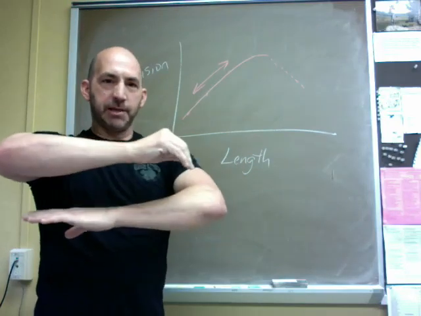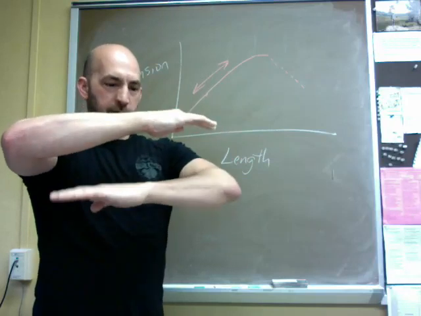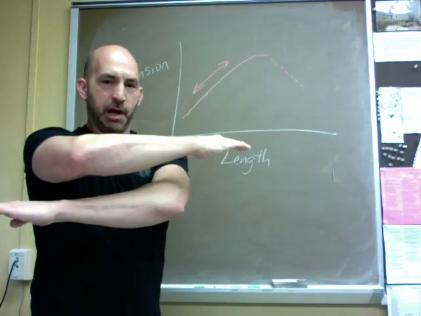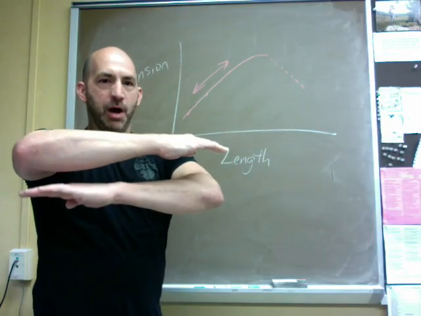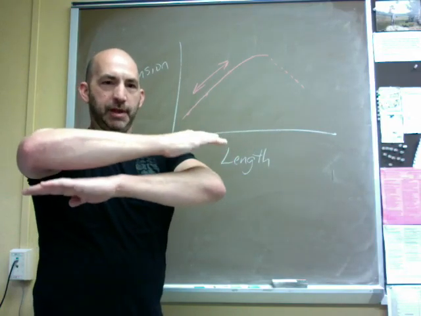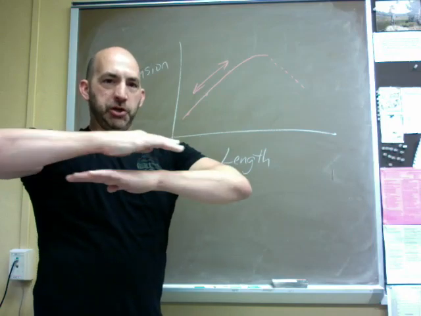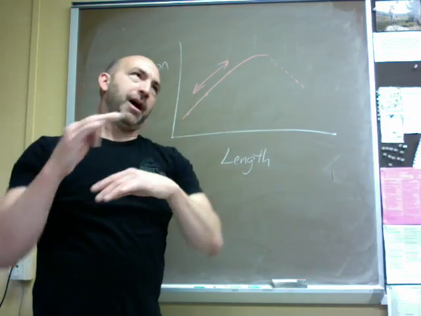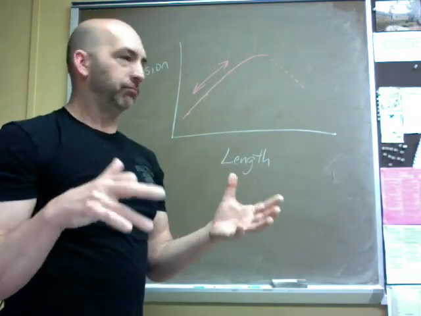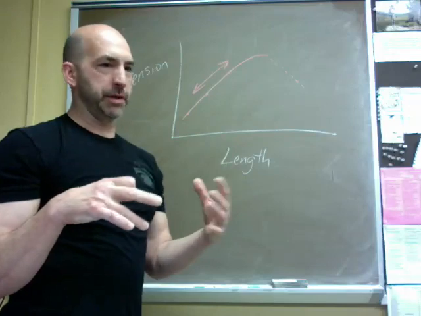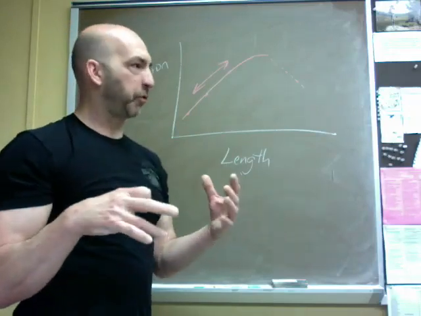I've always done this in class, where you've got your thick and your thin filaments. Too short is not good because overlap is not maximized. Stretched to optimal length is good because you have maximal overlap. And then overstretching starts to minimize overlap again. That's an oversimplification, but it largely works. There are more details that go into that, but that's pretty much the gist of it.